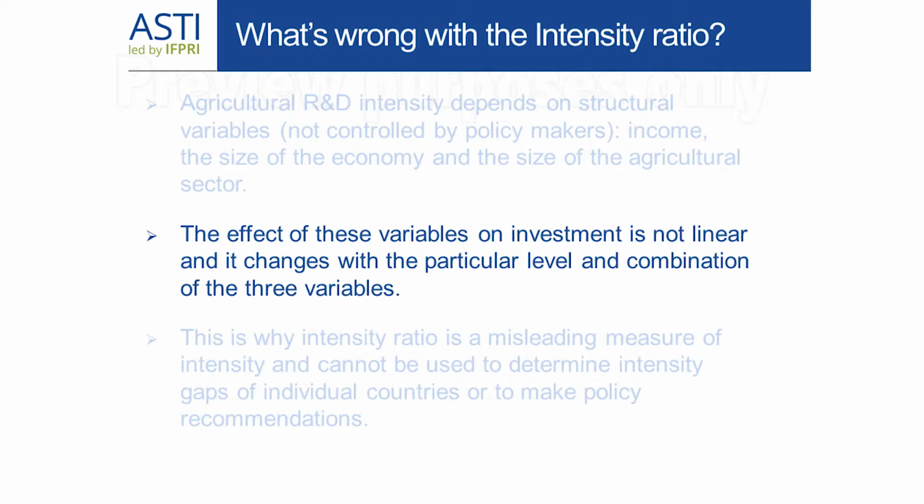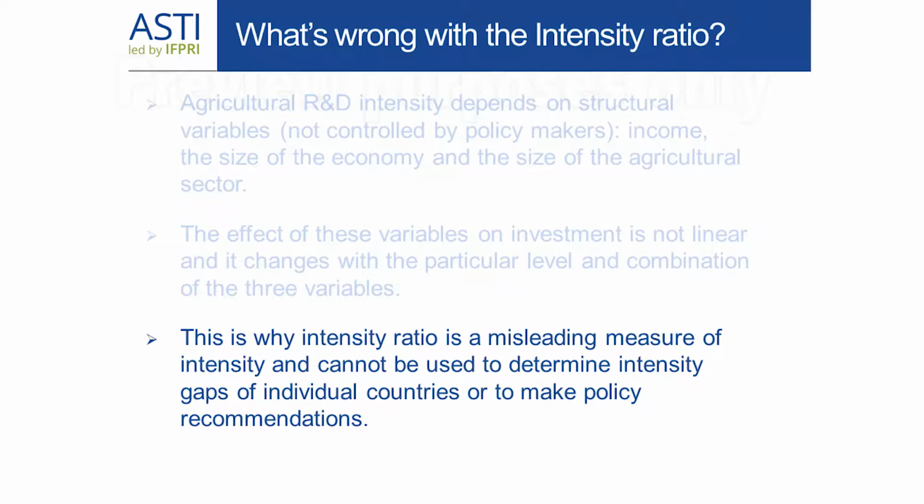Those countries will naturally find it easier to invest, while other countries with less developed institutions and other problems will find fewer returns even to R&D investment. So the problems that we were seeing in the figure I showed you before are related to the effect of these variables, right?